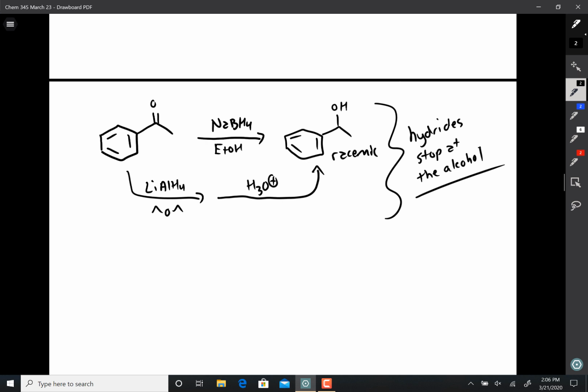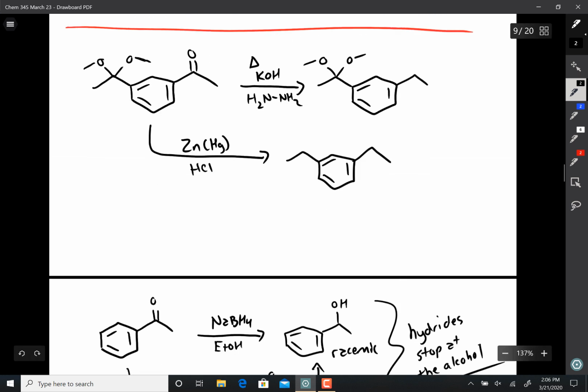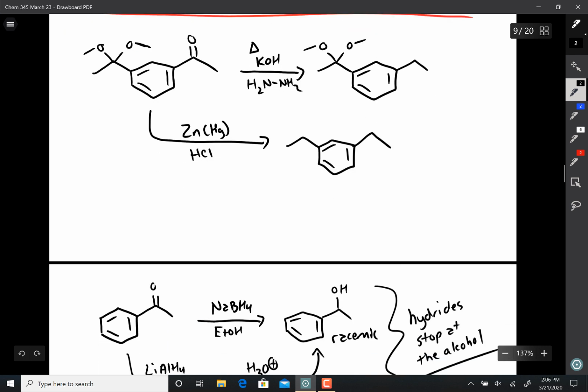Clemmensen and Wolff-Kishner plow right on through and go all the way to the alkane.